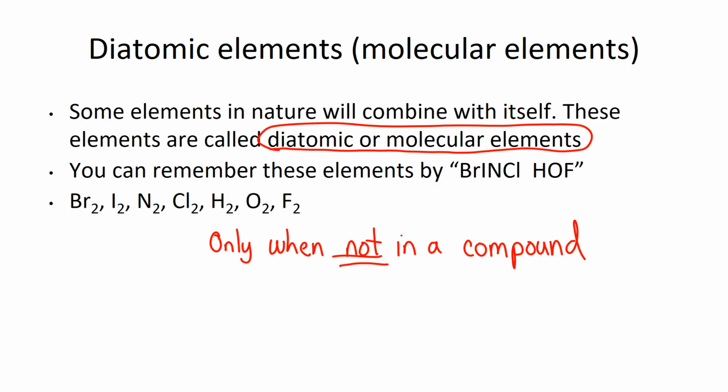So hydrogen in a compound doesn't have to have a 2 next to it. But hydrogen, when it's by itself, has to have the 2 next to it. All right, questions on that?